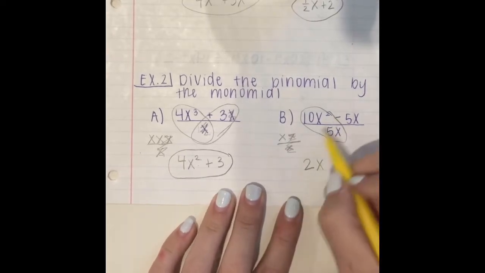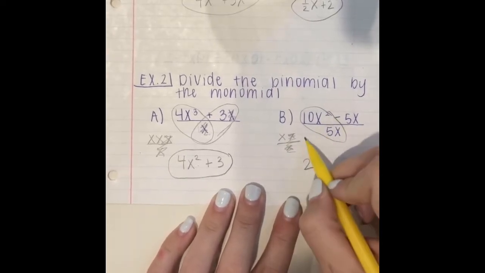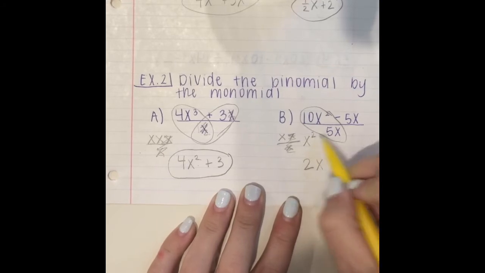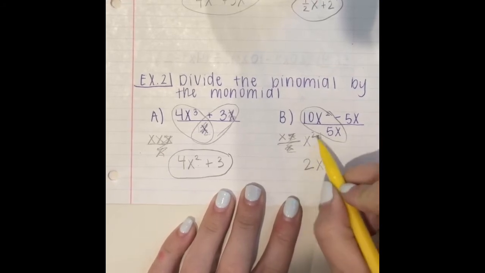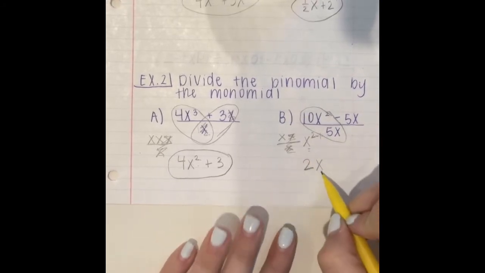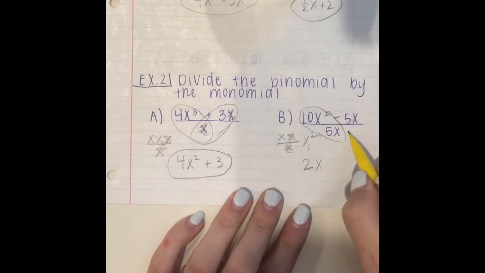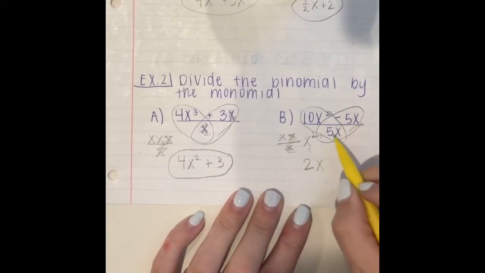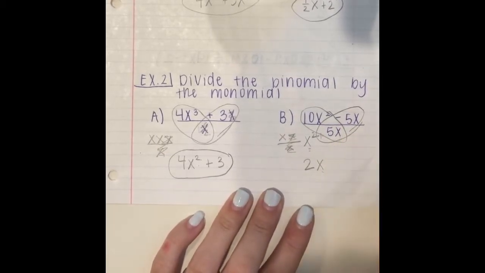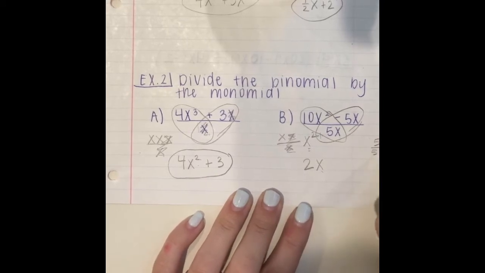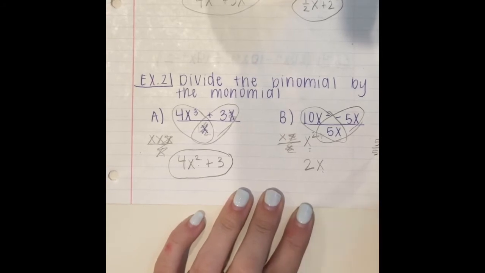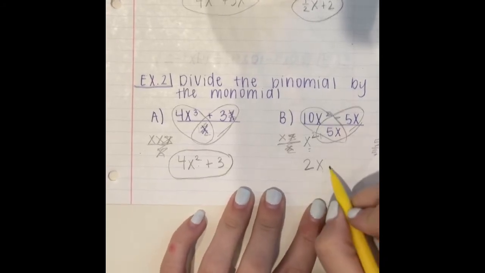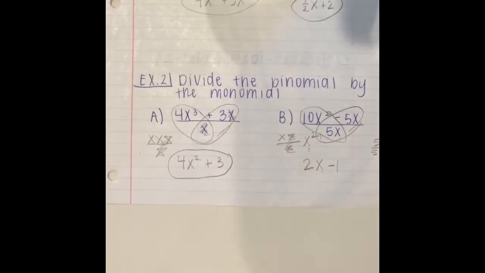Or same as saying x to the 2 minus 1 leaves you with just x to the 1. And then a negative 5x divided by 5x. So 5 over 5 is 1, and then x over x is also 1. But we have a negative, so it's going to be a negative 1.